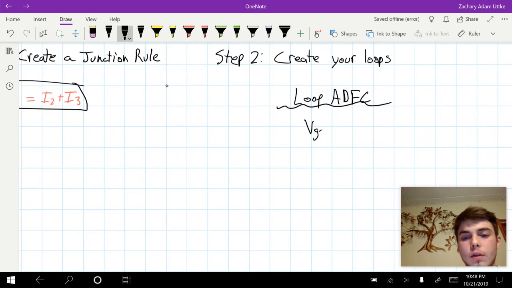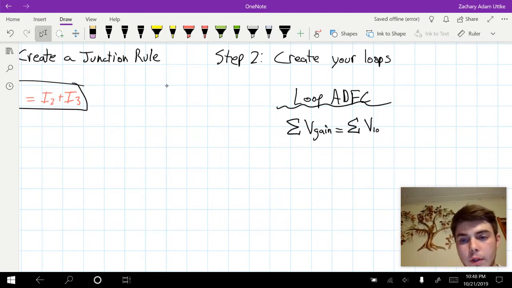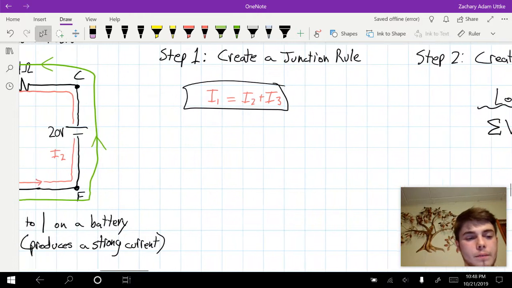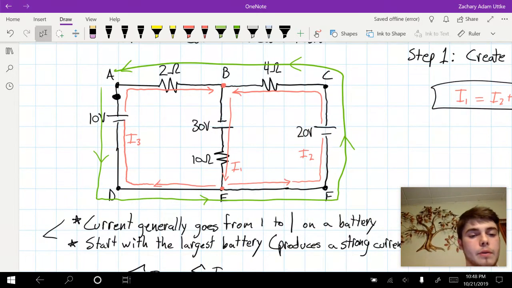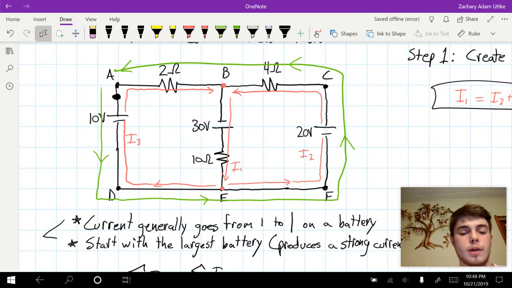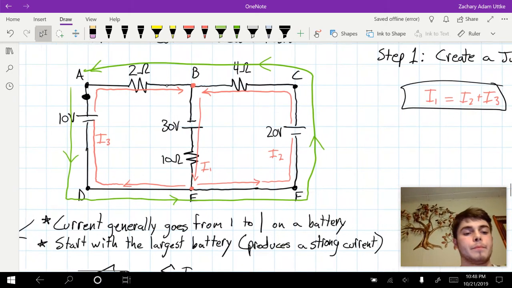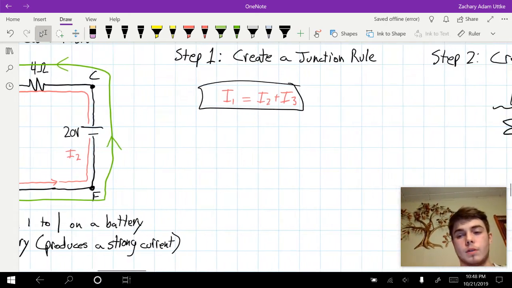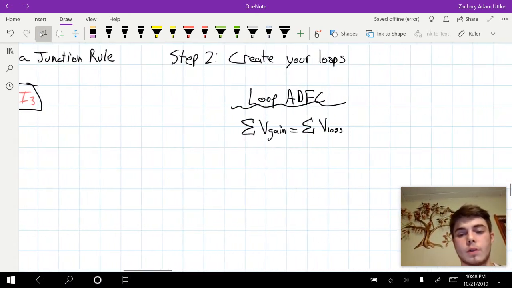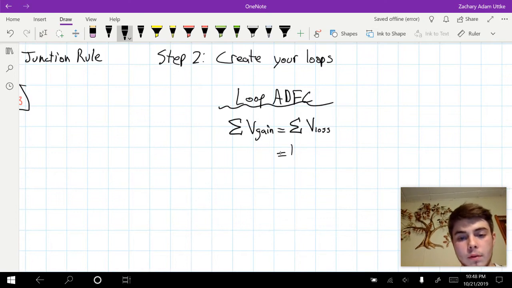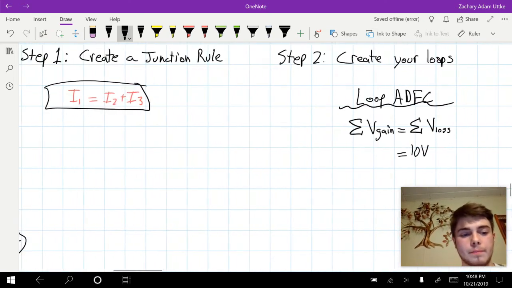Well, actually, this is what the loop rule is. So the sum of the voltage gains equals the sum of the voltage losses. Okay, so when we go down through this battery from the large end to the small end, we're going to have a voltage loss. So that was a 10 volt battery. So you write that on the loss side.